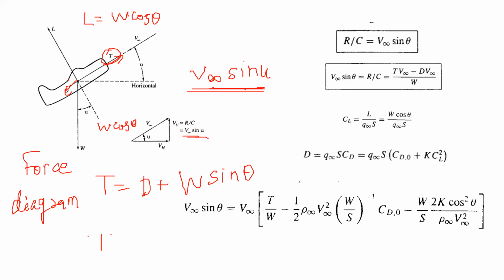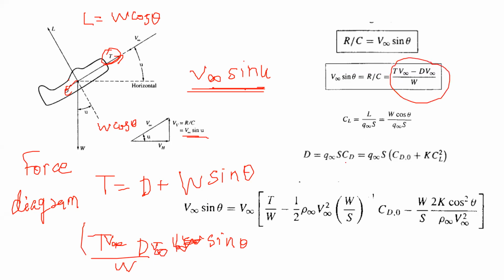So you do little manipulation. You write it as T minus D is equal to W sine theta. You divide both sides with W and you multiply both sides with V infinity. So you get TV infinity, and that is exactly written here in this equation. Now, we already know that if the aircraft is flying at a steady CL, you can write that CL from the lift formula.